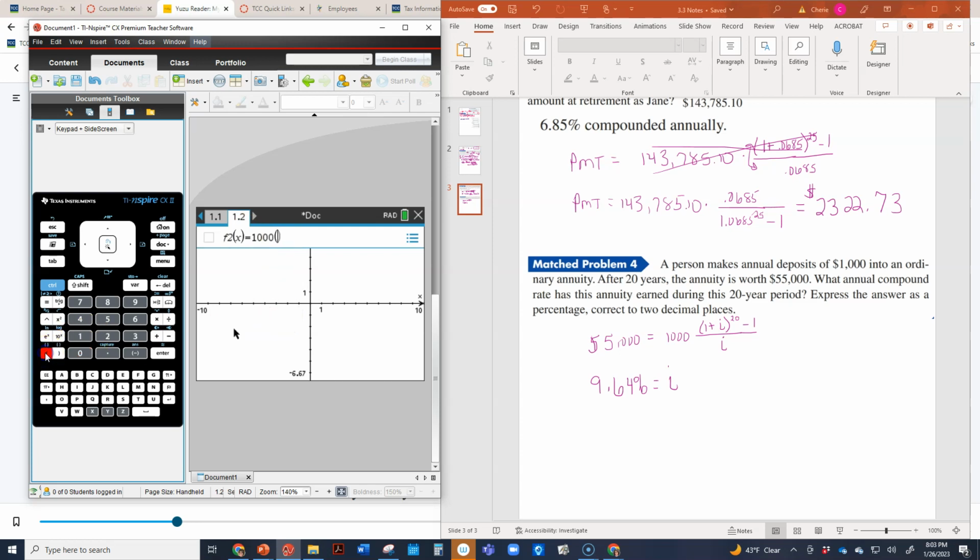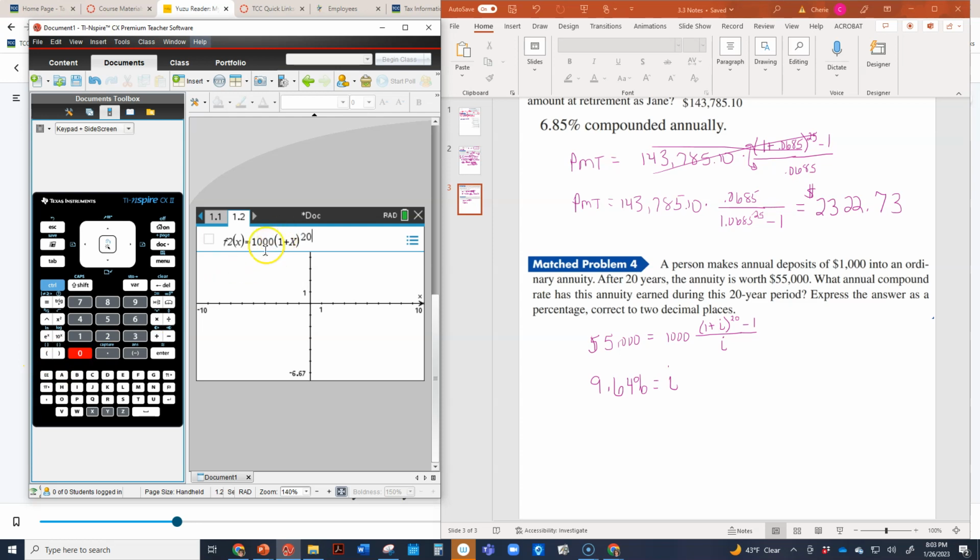So you're going to open parentheses, and do 1 plus X, and close the parentheses, and then raise that to the 20th power.